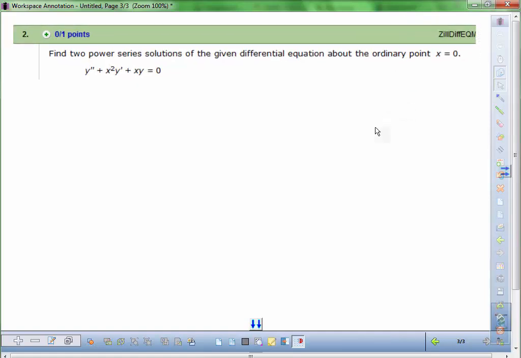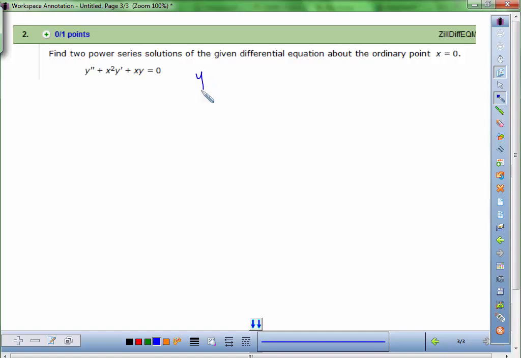Okay, so here's our differential equation, and we have a second order differential equation. So let's see if we could deal with this. We have y is equal to the sum going from 0 to infinity of ck x to the k. It looks like we need the first derivative and the second derivatives, right? So the first derivative is the sum of k ck x to the k minus 1.